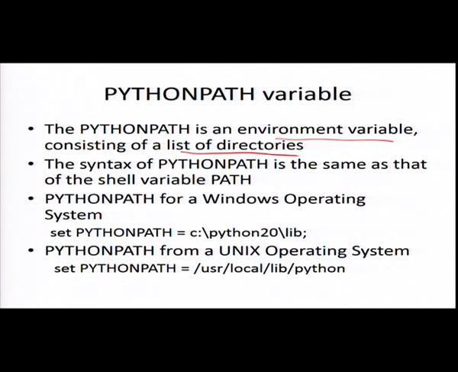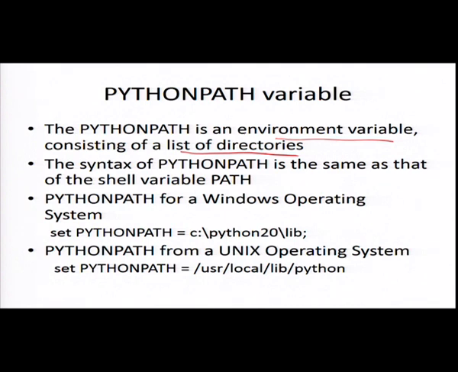Now, how do you set the Python path for a Windows operating system? Python path for a Windows operating system is set in the command prompt, not in the Python shell. You are supposed to set it in the command prompt by pressing the Windows and R buttons, typing cmd, and pressing enter, and you get a command prompt.